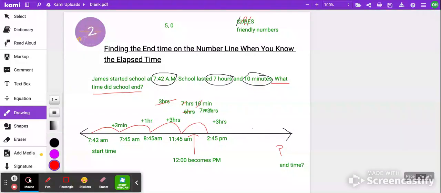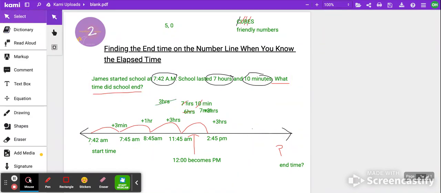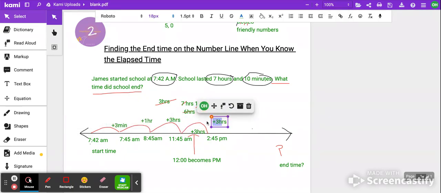So right here, we started at 10 minutes and we subtracted 3 minutes. Let's see if I can move something out of the way here. Oh, here we go. There we go. So this was 3 minutes. This was 1 hour, this was 3 hours, and this was another 3 hours. Sorry about the little boxes that keep popping up.